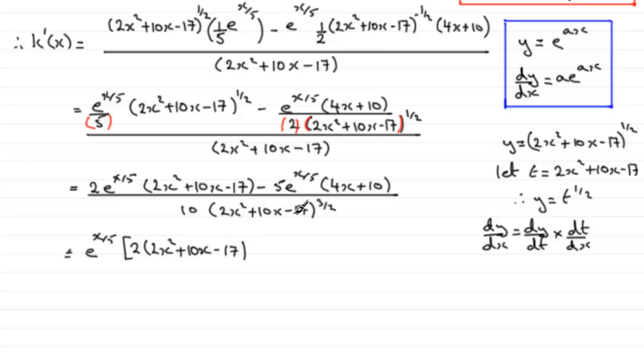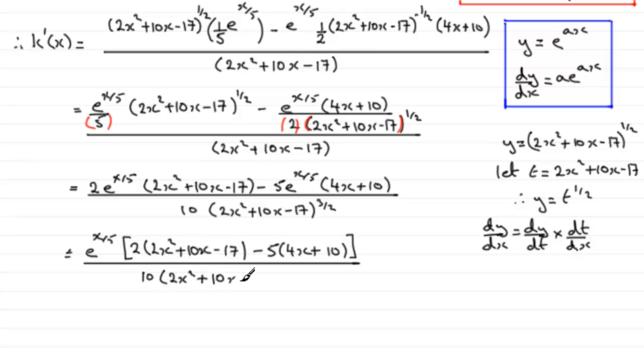Okay, now when it comes to the second term, I would want to have a 5. We've already got the e to the power x over 5 out the front, and then we just need the bracket 4x plus 10. Okay, and then close the square bracket off, and all of this is divided by the 10 and 2x squared plus 10x minus 17 to the power 3 over 2. Pen doesn't seem to be writing that well at the moment, so there we go, to the power 3 over 2.